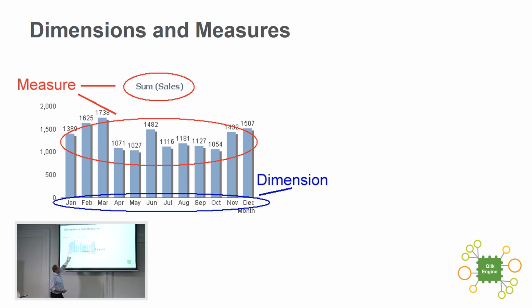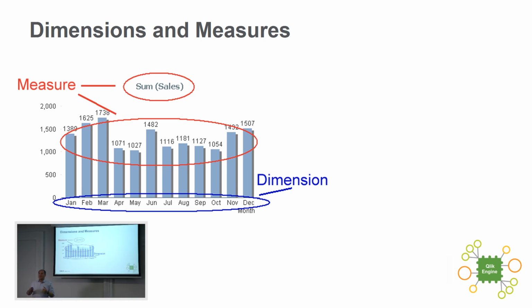If you look at it more mathematically, you can see that we have 12 months, and then we have 12 bars. So the number of field values in the dimension determines how many bars or slices or rows you get. The dimension is like a for next loop. Loop over the possible values, and for each value, calculate the measure.